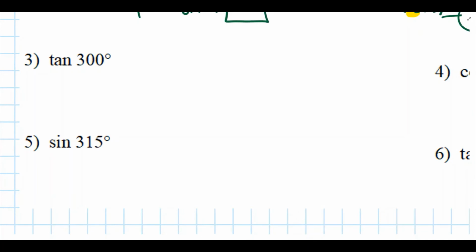For tangent of 300 degrees, we must divide the y-coordinate by the x-coordinate and simplify.